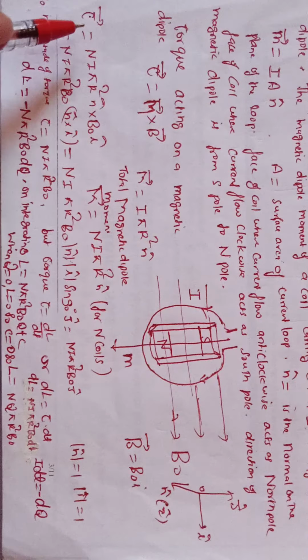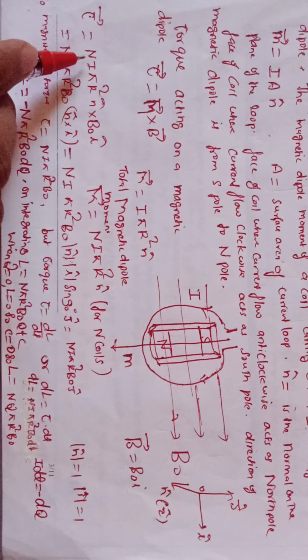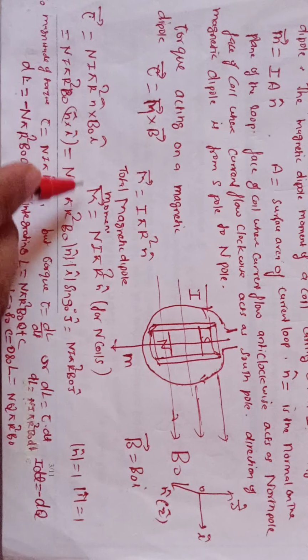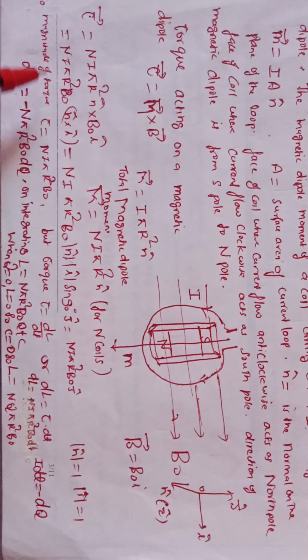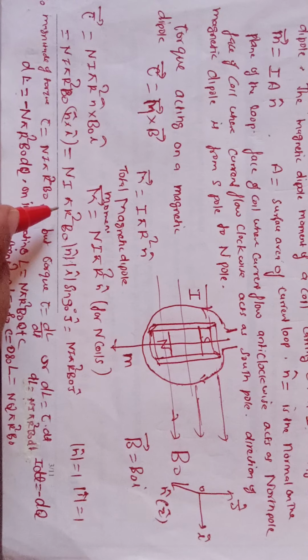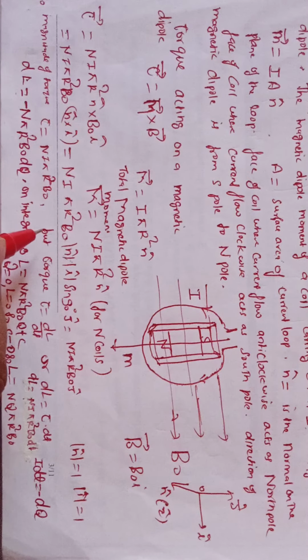Then we find the torque equal to M cross B. We put the value of M: N I pi r square n cap cross B naught i cap. This equals N I pi r square B naught n cap cross i cap, and we use the formula of a cross b: a cross b equals mod of a, mod of b, sin theta, and unit vector n cap, where n cap is the unit vector normal to the plane containing vector a and vector b.